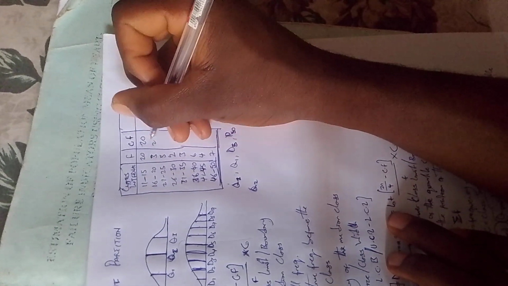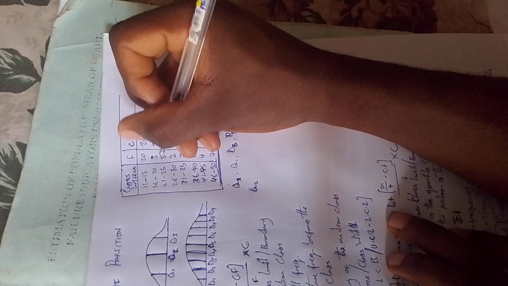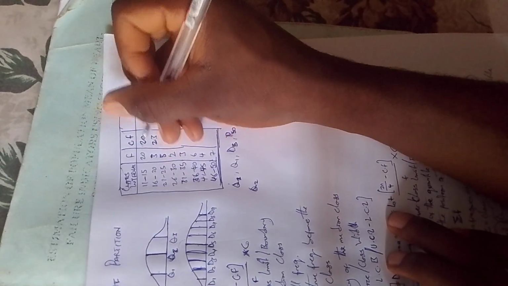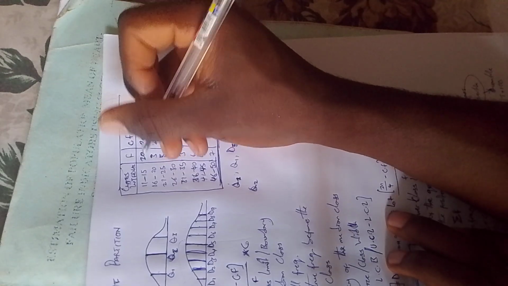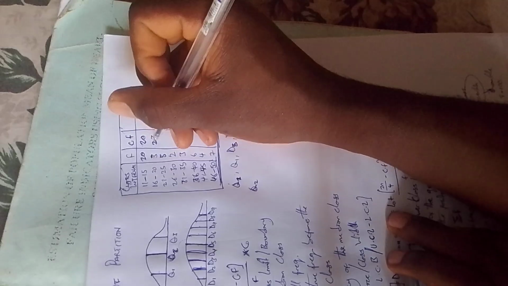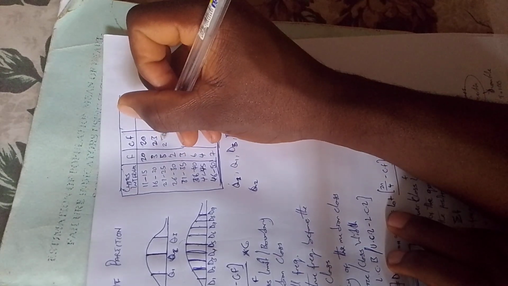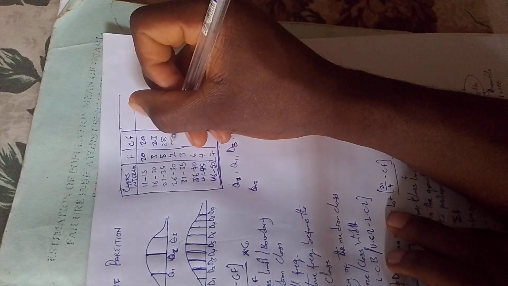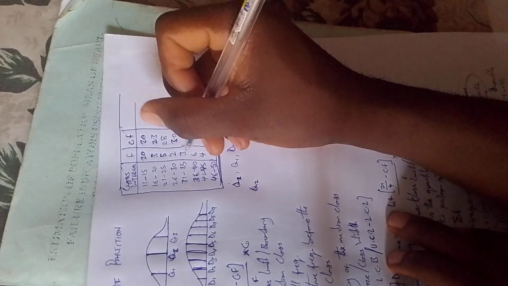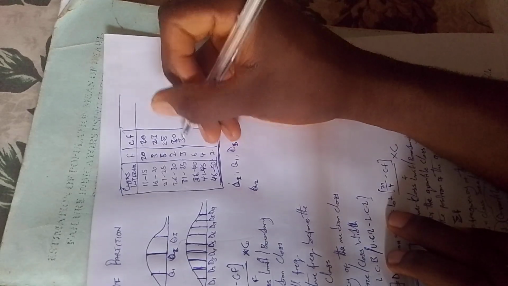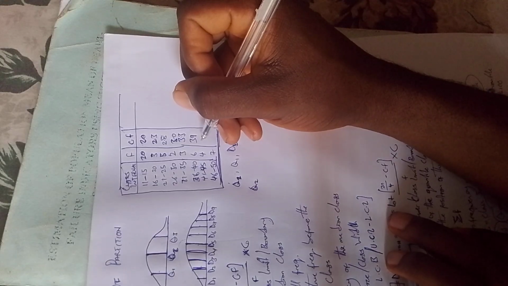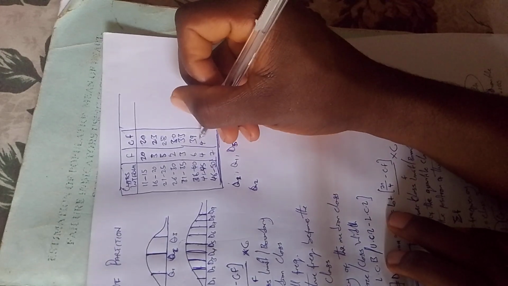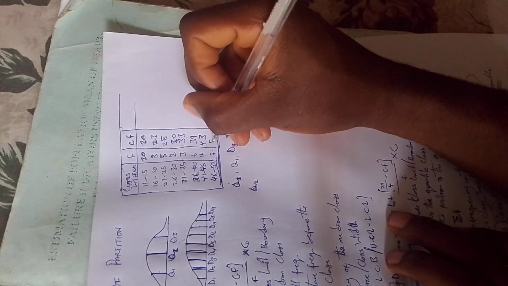The first cumulative frequency is always the same as the first frequency, so it will still be 20. 20 plus 3 is 23, plus 5 is 28, plus 2 is 30, plus 3 is 33, plus 6 is 39, plus 4 is 43, plus 7 is 50.